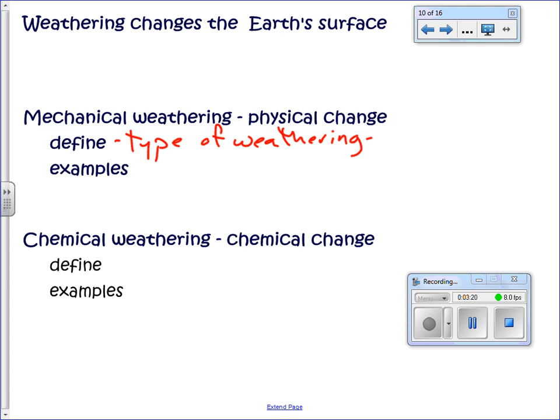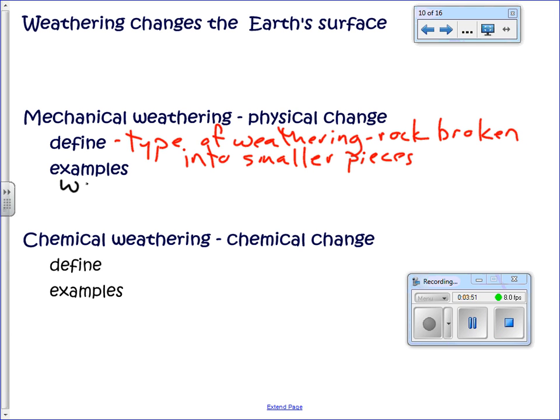It's still water, it's still granite, but it's just in smaller pieces. We also discussed yesterday that it could be things like freezing and melting, which we get a lot of around here. So smaller pieces, examples of mechanical weathering. We've had a couple already today.